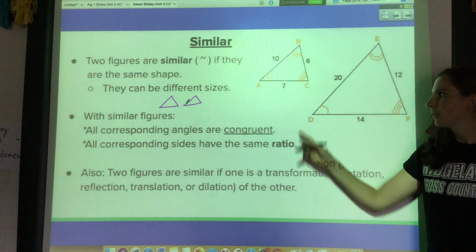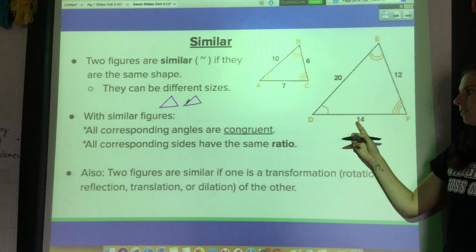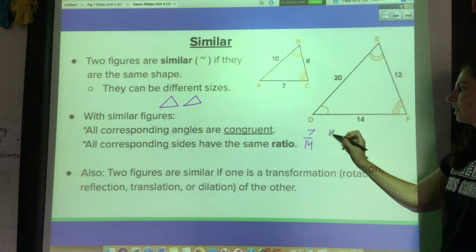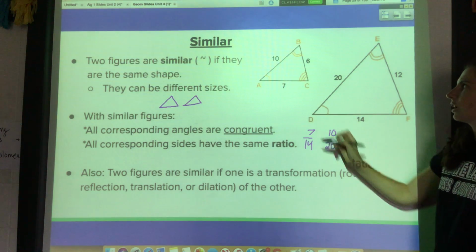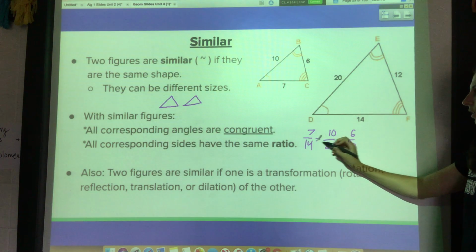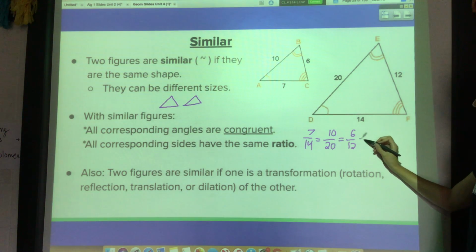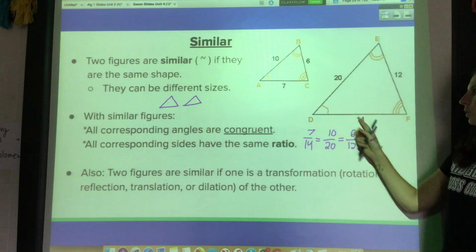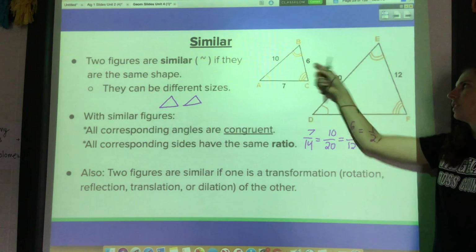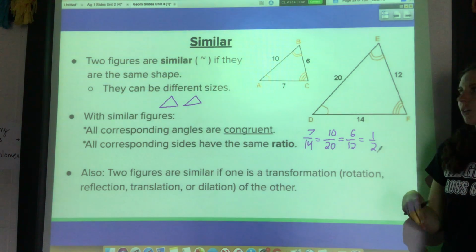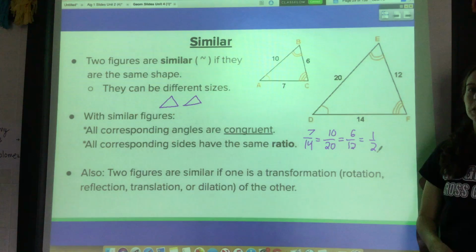For example, 7 to 14 is the same ratio as 10 to 20, which is the same ratio as 6 to 12. All of those are equal to each other, they're all just 1/2. You could have flipped that and done 14 to 7, 20 to 10, 12 to 6, same idea. But they have the same ratio, and because of that I can tell that they're similar figures.